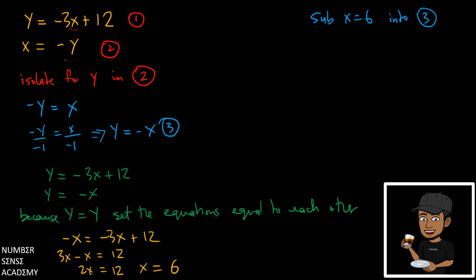Let's sub it into equation 3. So for equation 3, remember we have y is equal to negative x. So y is just equal to negative 6 because it's just a negative of x. And we're saying that our solution is equal to 6 and negative 6.